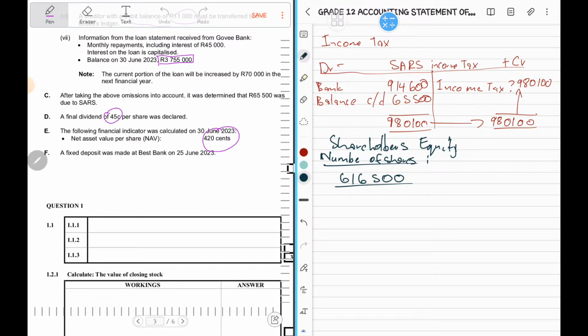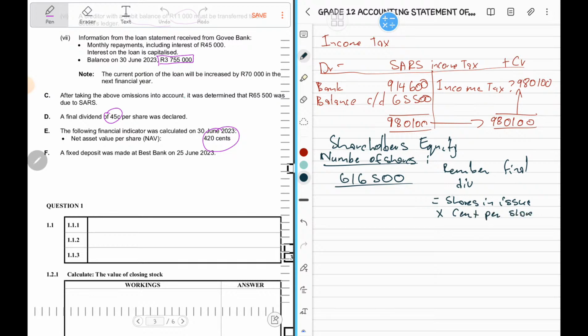Remember the time they calculated the final dividends. Let me just do it this way. Remember, final dividends is equals to shares in issue multiplied by cents per share.